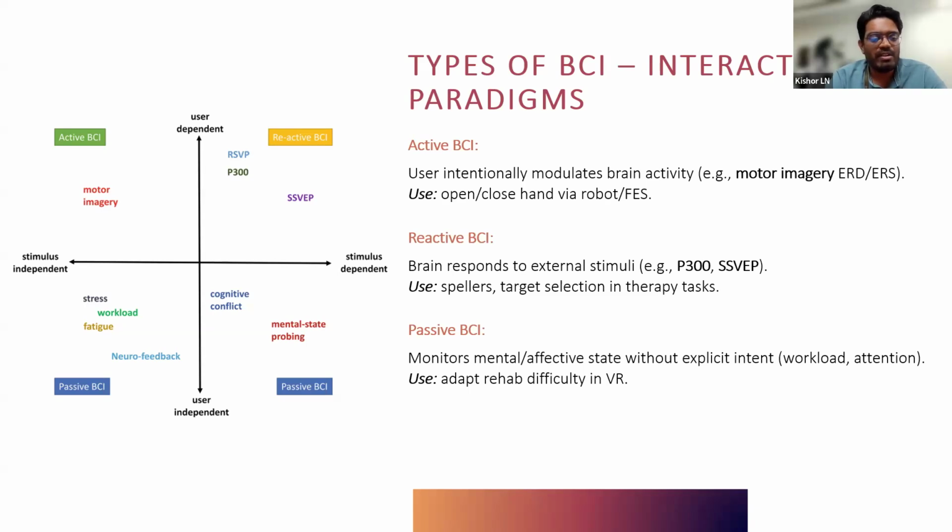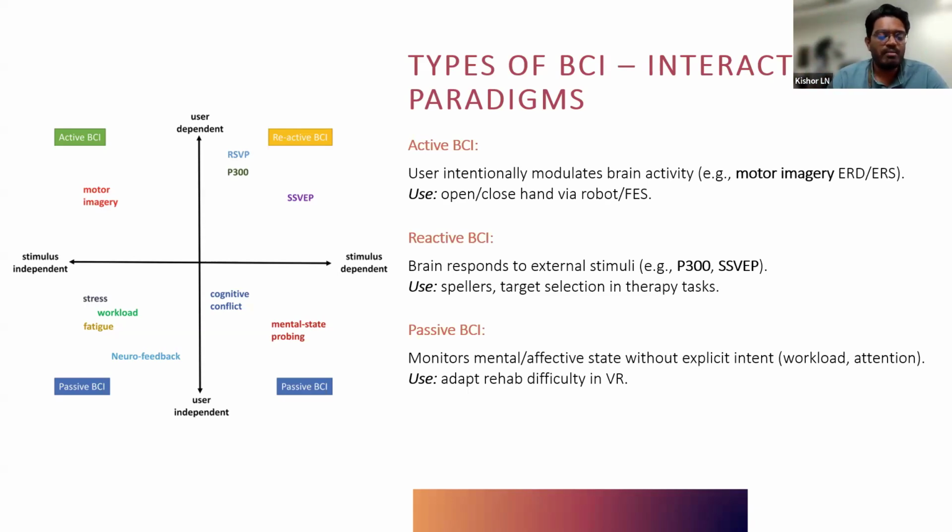Let's say they have a rehabilitation regime where you have a robot or a physiotherapist moving their hand. Let's say you're doing upper limb therapy for a stroke patient, and you have the physiotherapist or a robot moving their upper limb, and you can have a passive BCI to see how the brain reacts to someone moving their hand.